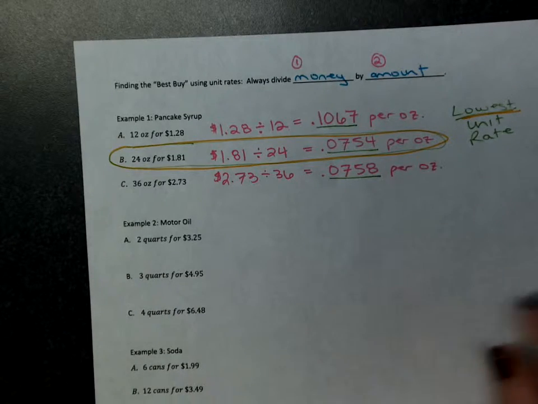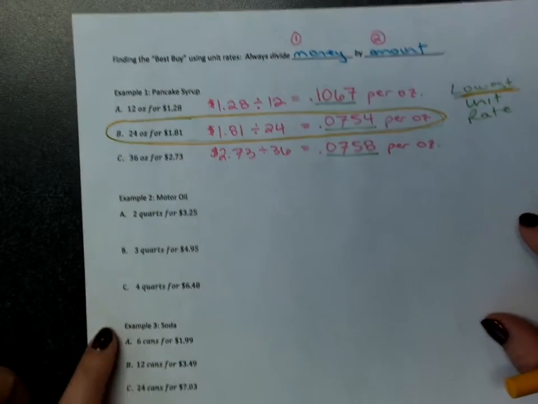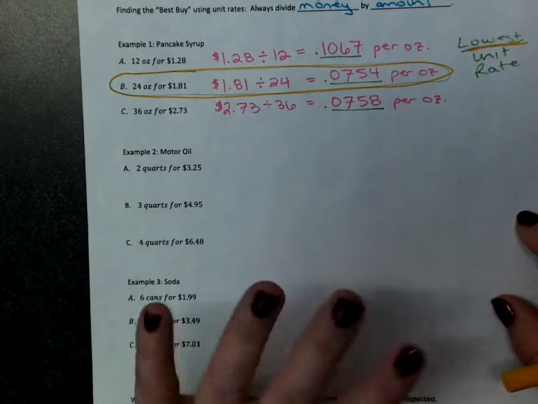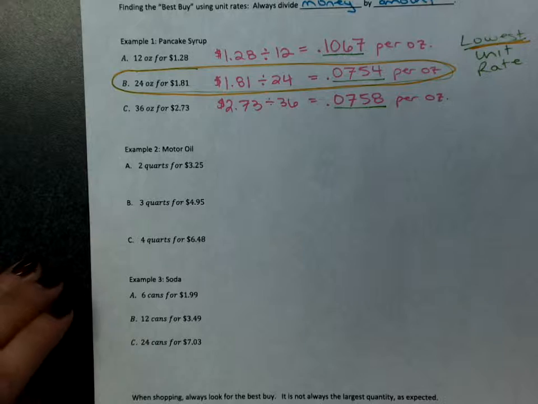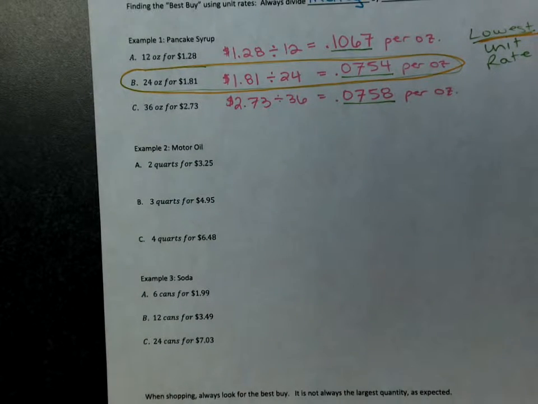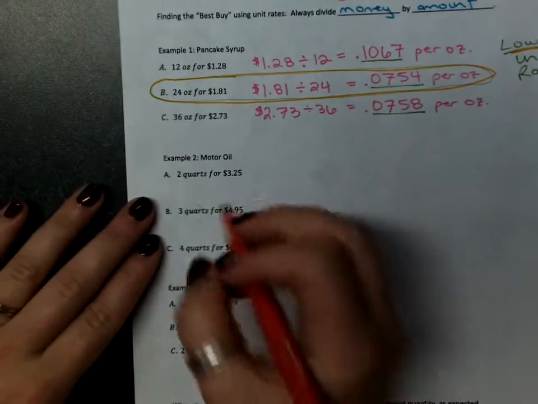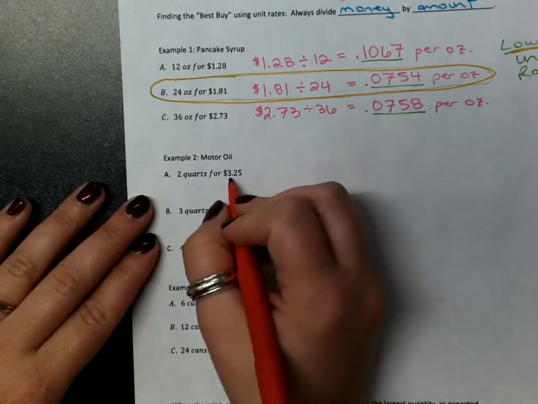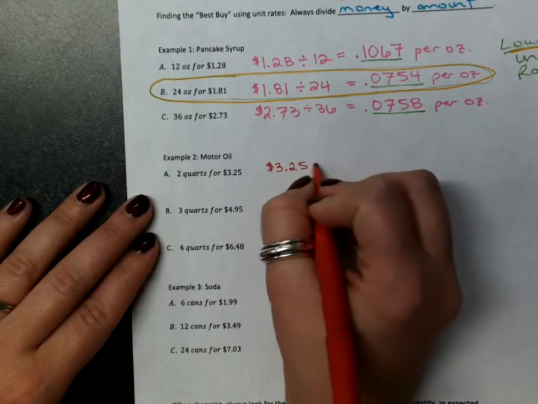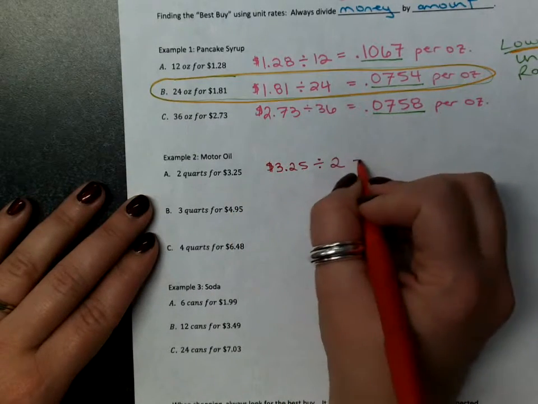If you're getting the hang of this, you can try example 2 and example 3. You always divide your money by your amount. So you can pause the video and try those, or you can follow me. On example 2, we have 2 quarts of oil for $3.25. So that'd be $3.25 divided by 2.